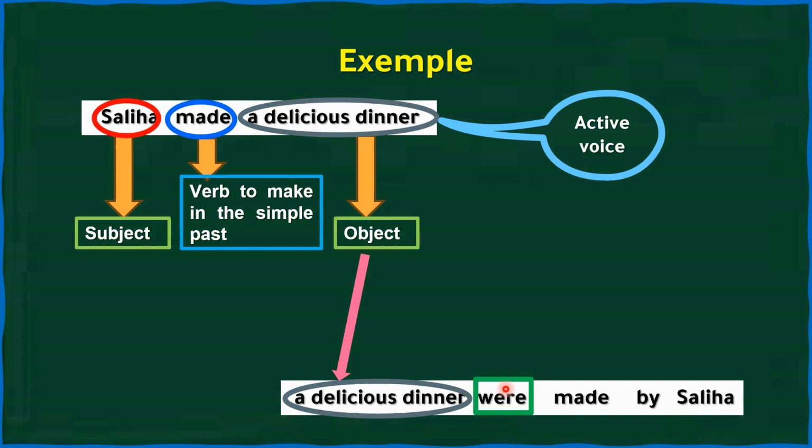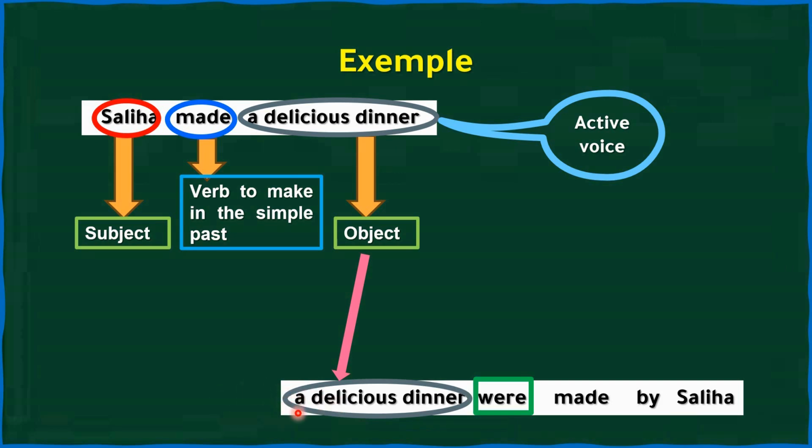We put it in front of the main verb and we put it in the tense of the main verb, which is the simple past. The simple past of to be is I was, you were, he was, she was, it was, you were, we were, they were.